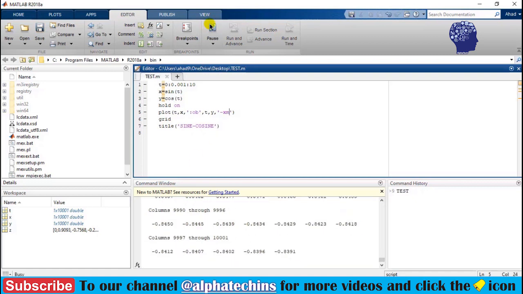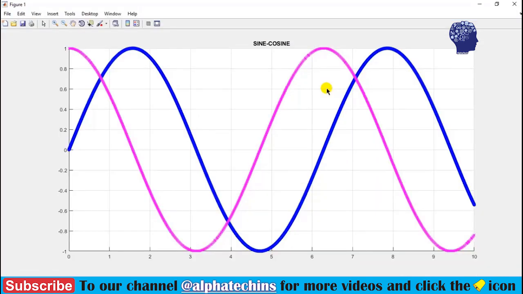Now we will run this script, and here you can see that it's all matched up and we cannot see the lines and all these things. The reason behind it is that we have kept very small spacing.